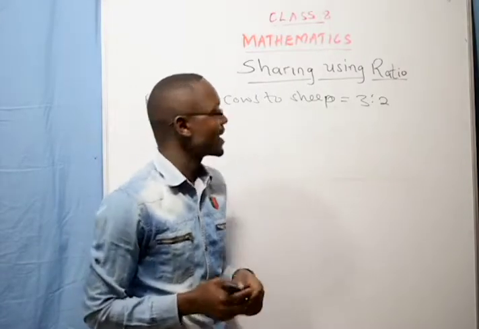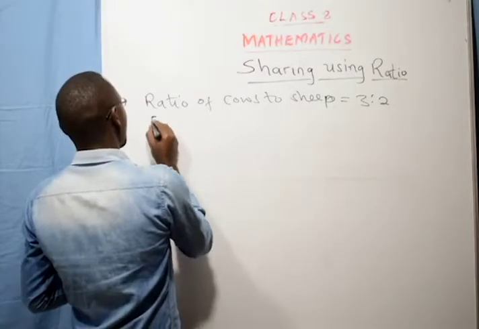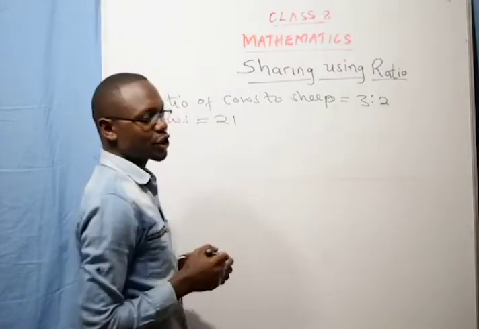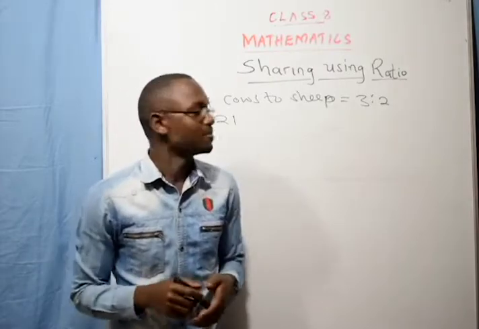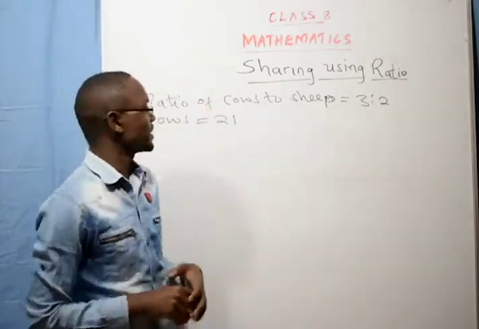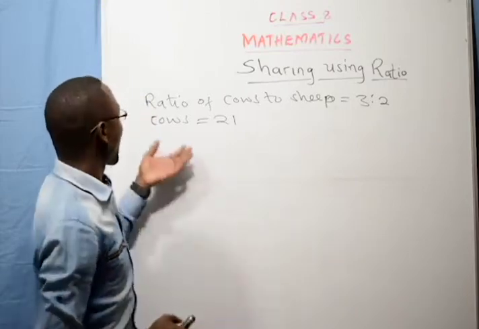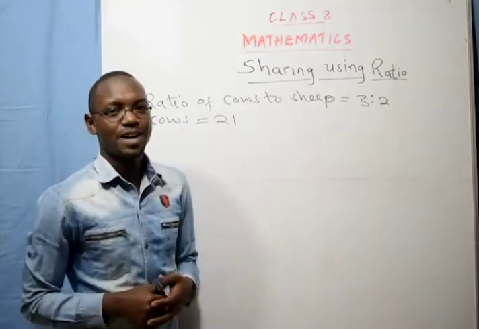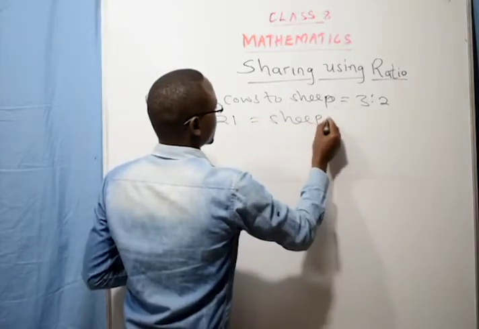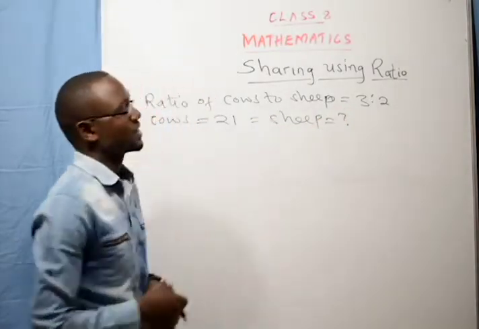If there are 21 cows in the farm, how many sheep are in that farm?